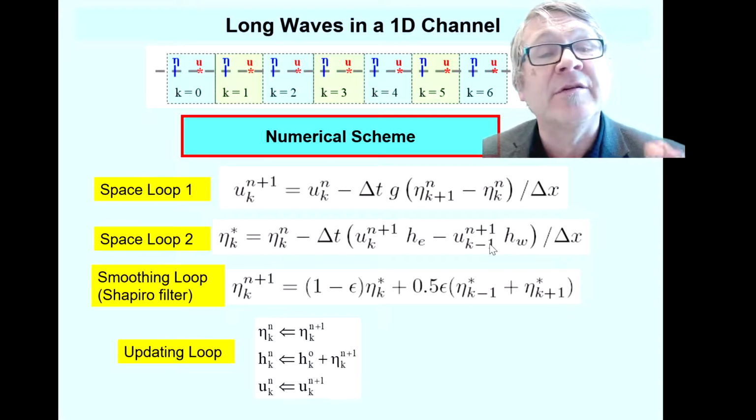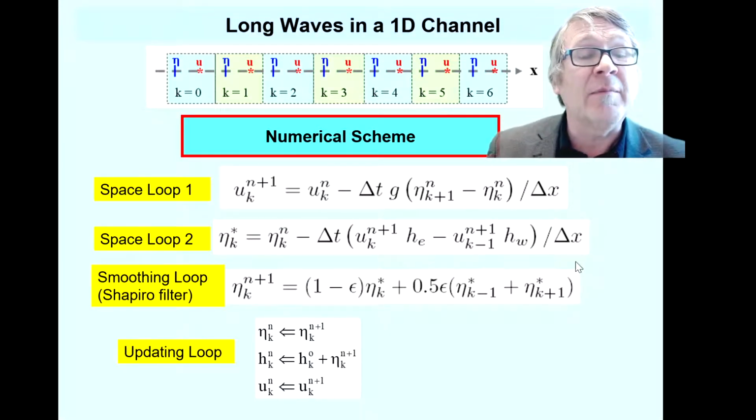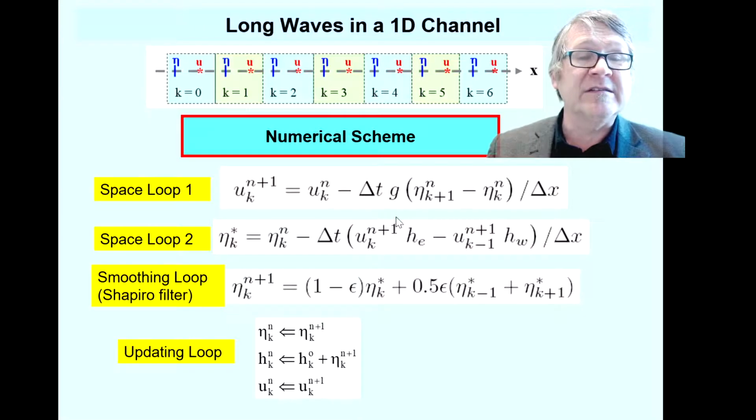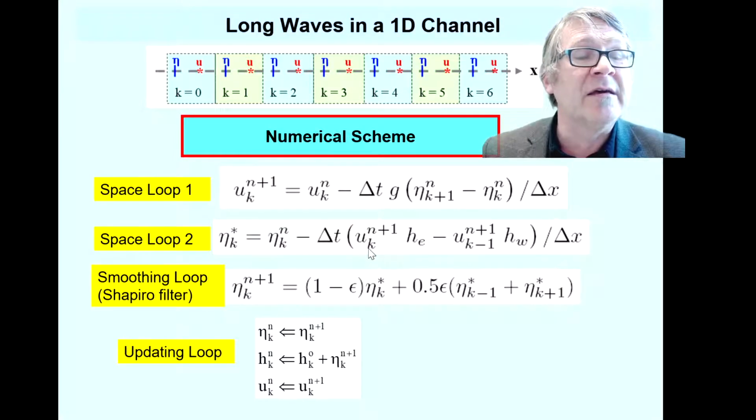And this will be explained on the next slide. But in principle, you have only two faces. You have one on the right and one on the left. In terms of velocity grid points, one is called k, and the other one is k minus 1.